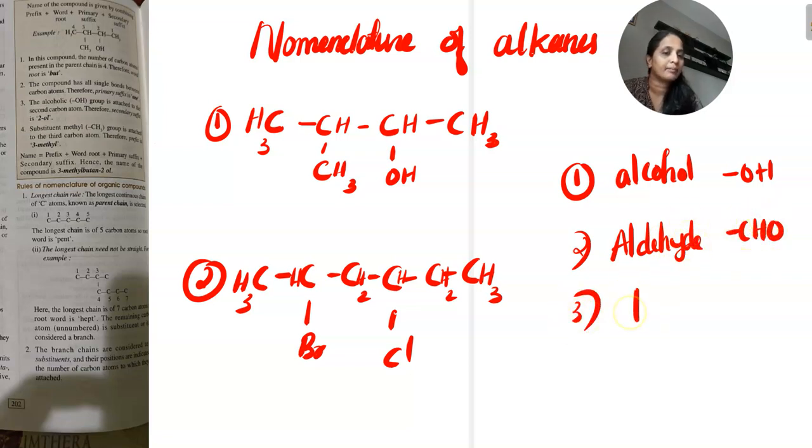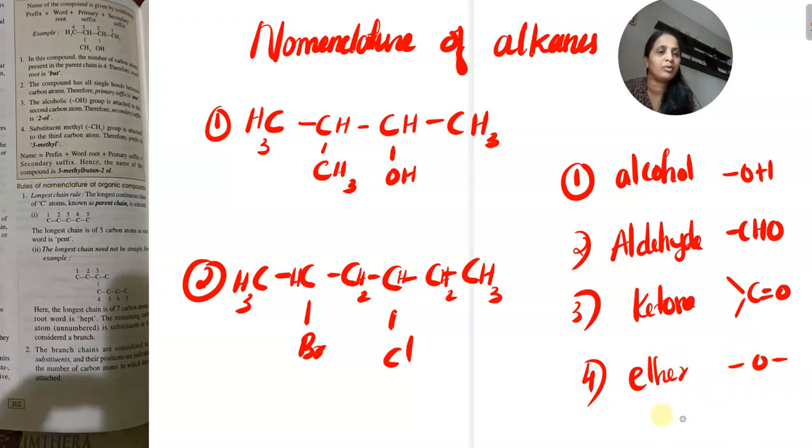Ketone means the CO group. Ether means the O group. Like this, different groups are there. If any of these groups are there, we call it a functional group. So by numbering the carbons in an organic compound, first preference we have to give to that particular functional group.